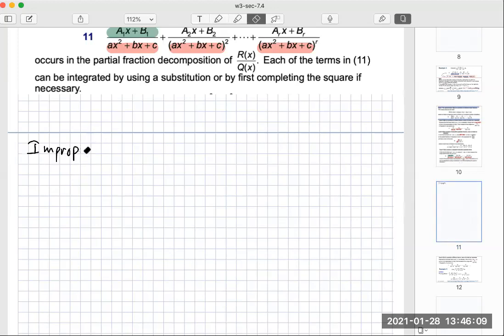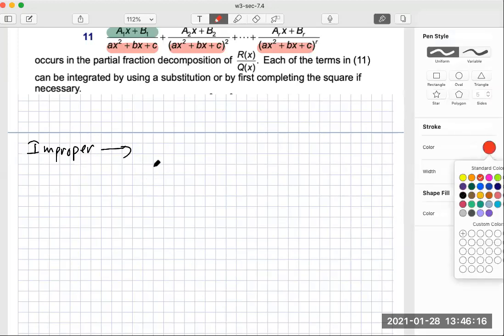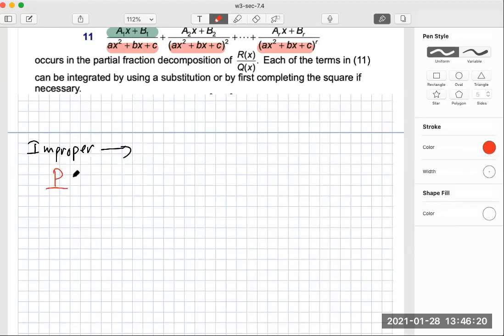In this case, what should we do? Improper means the degree of P is larger than the degree of Q, right? Very good. Thank you, correct. So we do long division.